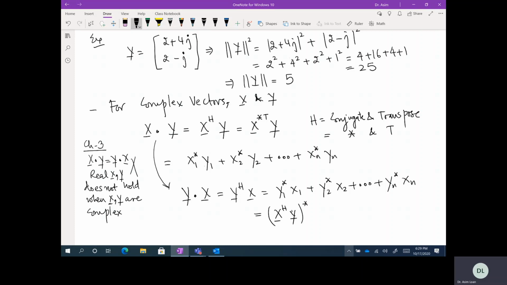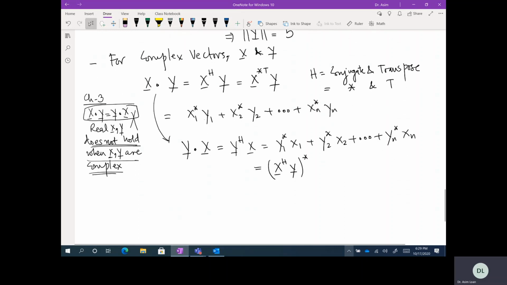So if you conjugate the whole thing you get back the original. That is why this definition does not hold when X and Y are complex. So X dot Y is X H Y and Y dot X is X H Y conjugate. So just be careful, you can't use it in the same way as for real vectors. This is the major difference here.